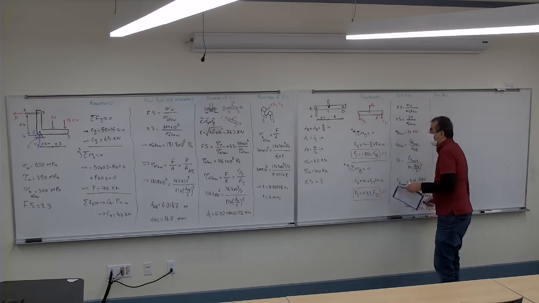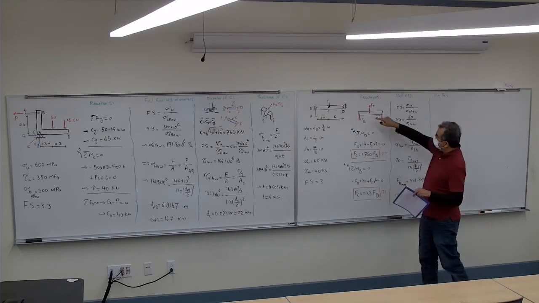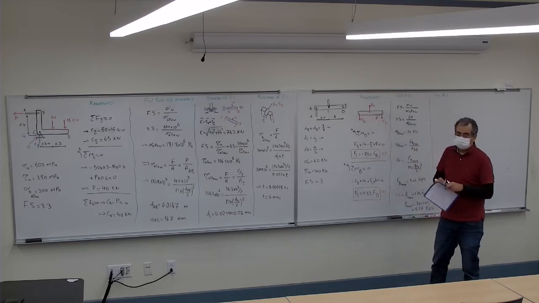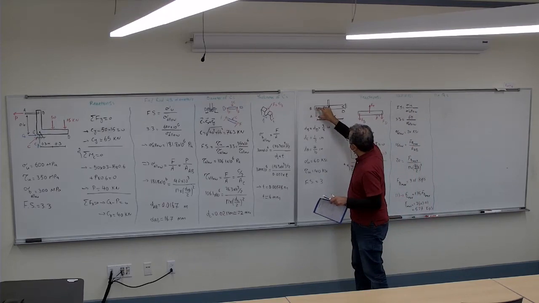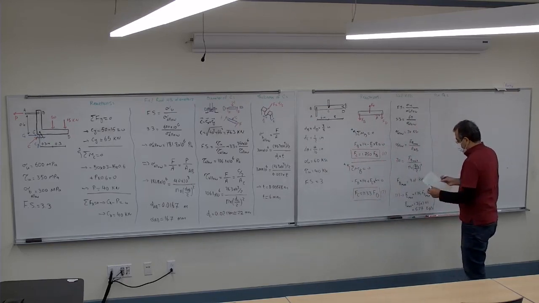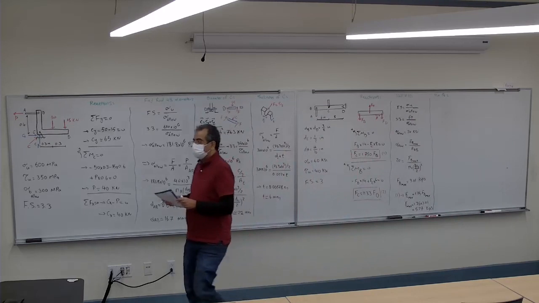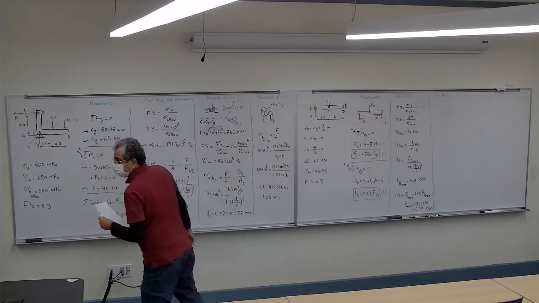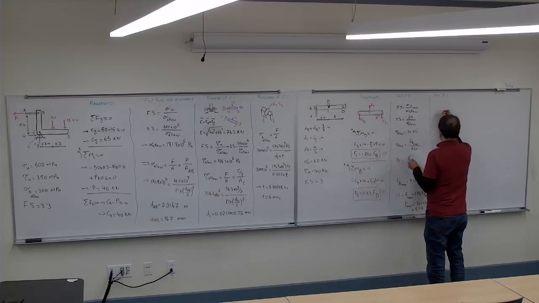What's the maximum force that makes it break at pin B, as opposed to the maximum force that breaks the member AB? And the pin B looks like this, as in the drawing.